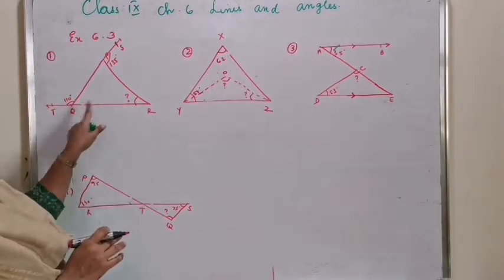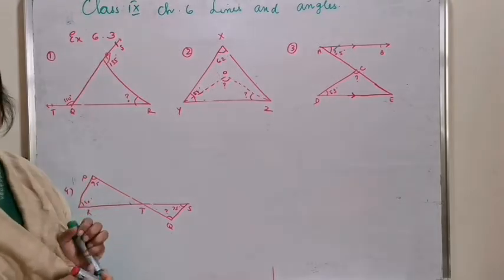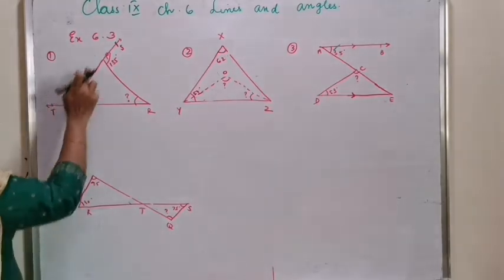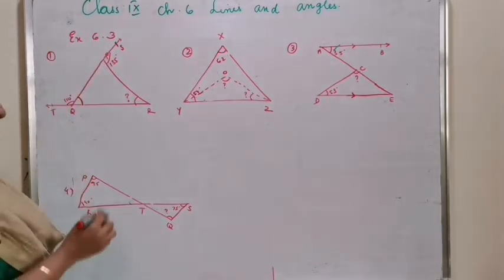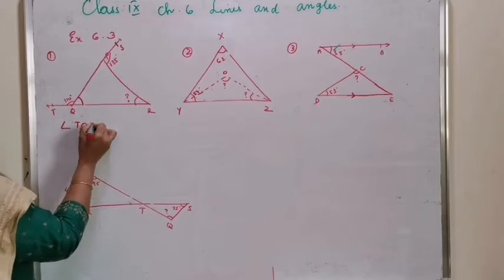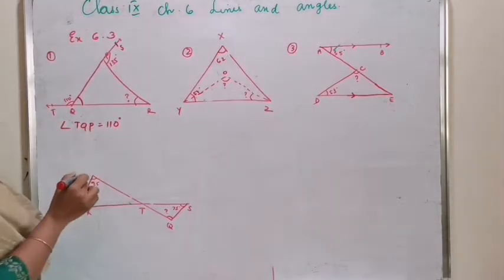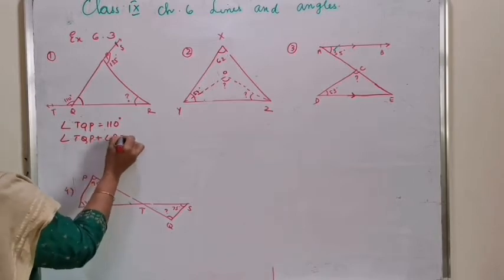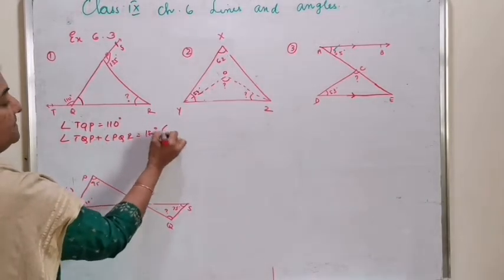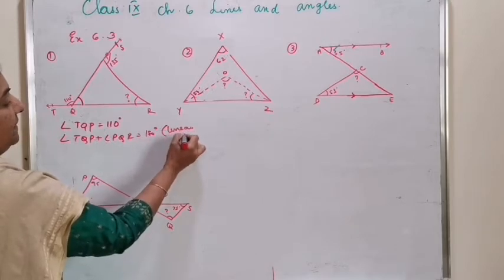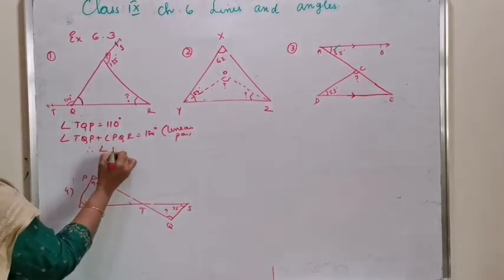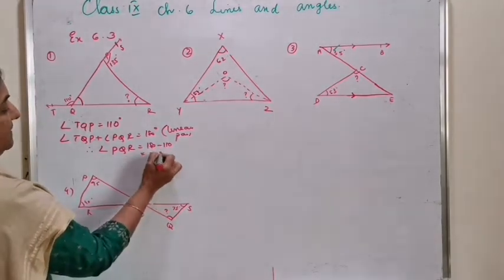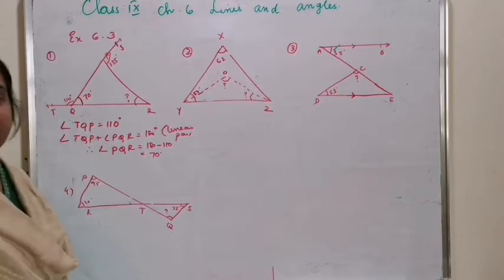Find angle QRP. Now, angle TQP is equal to 110, and angle TQP plus angle PQR is equal to 180 by linear pair. Therefore, angle PQR is 180 minus 110, which is equal to 70 degree.